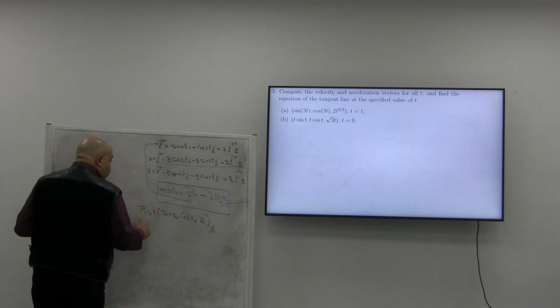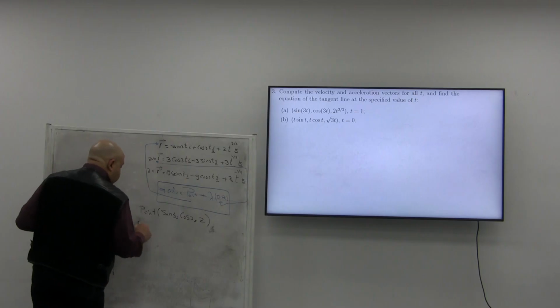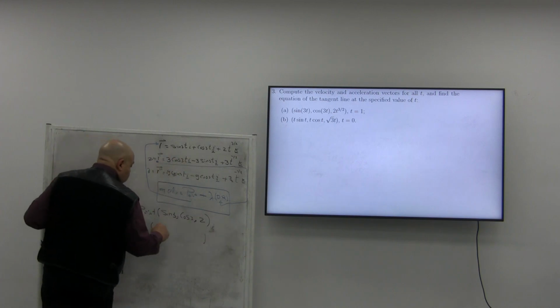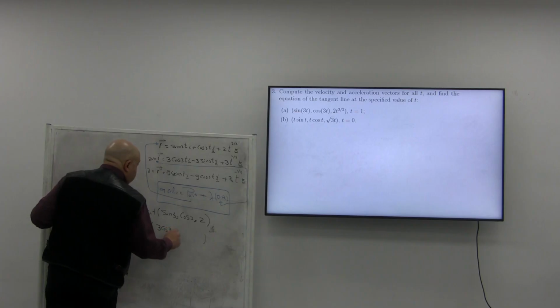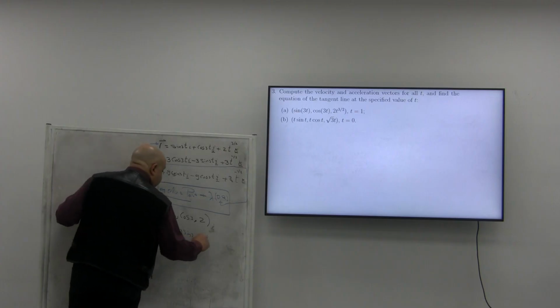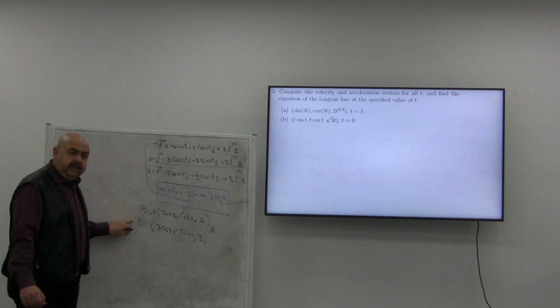And if I want to get the slope or the vector in the direction of this line, all I have to do is to make this substitution but in r dash. So it's going to be 3 cosine 3 in i, and negative 3 sine 3 in j, and then I will have 3. This is a point, and that's the vector.